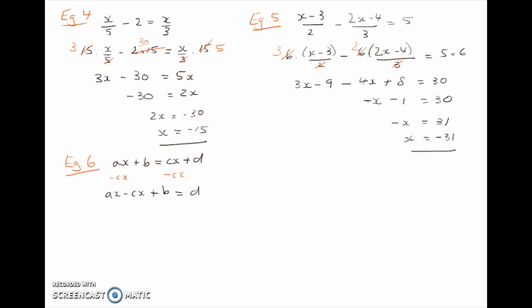And now we're going to move our b to the right-hand side. So we need to subtract b from both sides. So we're left with ax minus cx is equal to d minus b.